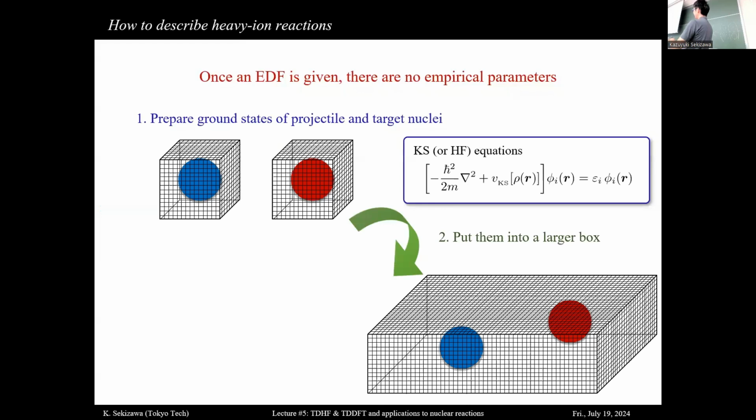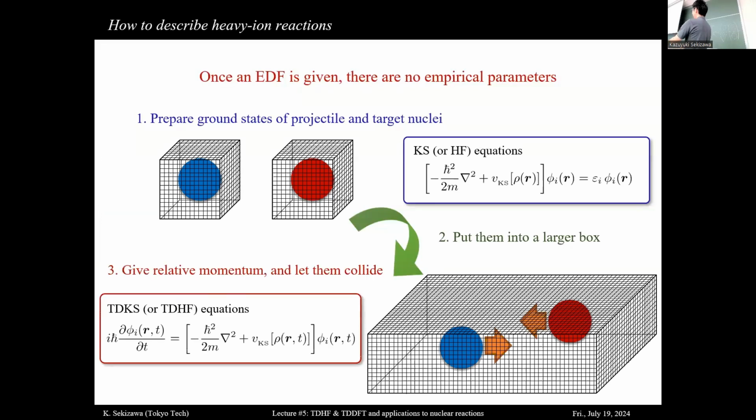And we get the wave functions of the projectile and target nuclei. We put those two nuclei into a larger box, and we apply some boost, some momentum, to those two nuclei. And then we evolve it in time by solving the time-dependent Kohn-Sham equation.